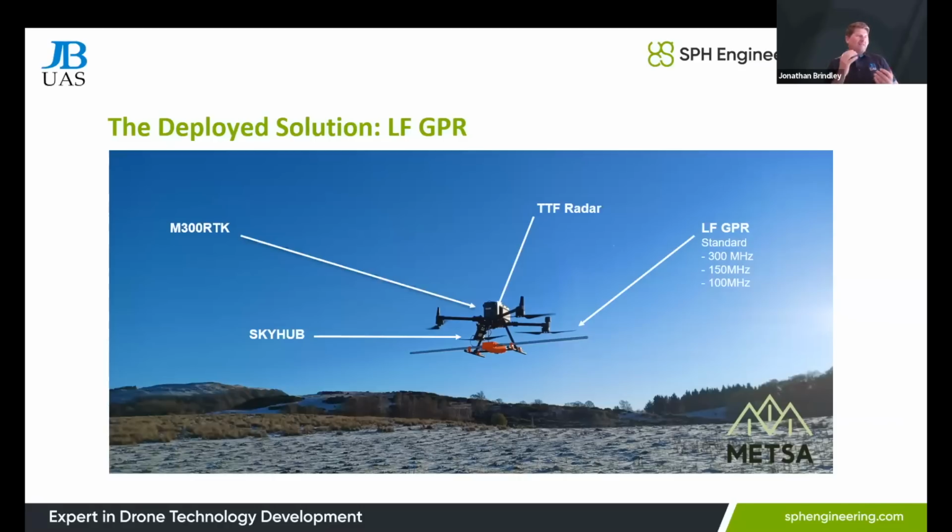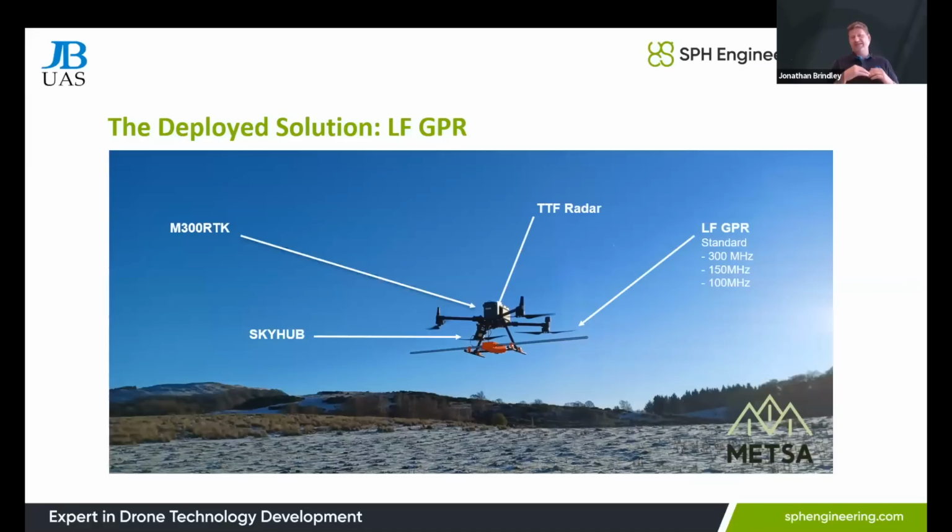So that's the LFGPR. As a general rule, the longer the wavelength, the more penetration you have. With the higher frequency, and I think we mentioned 1,000 megahertz before, the less you can penetrate a given soil material, but you tend to see more resolution, detail, and smaller objects, basically.